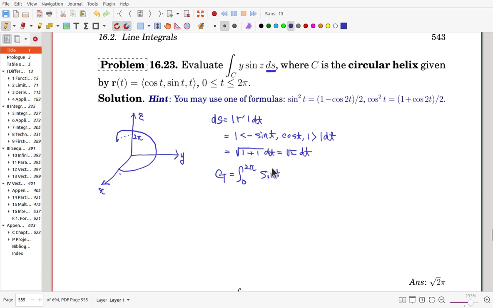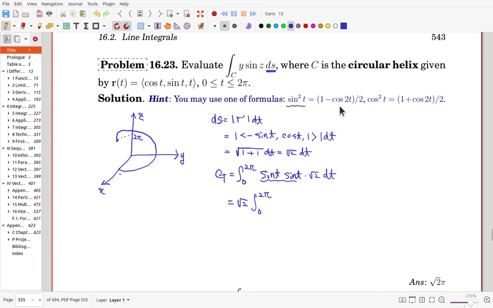So we have one more sine t, and ds is the same as square root of 2 dt, right? That is a square root of 2 coming out of the integral, and from 0 to 2 pi, sine squared of t. You may try to use the formula.